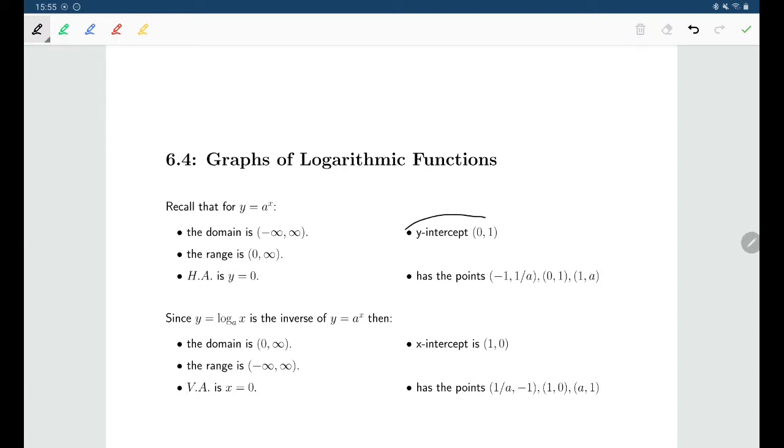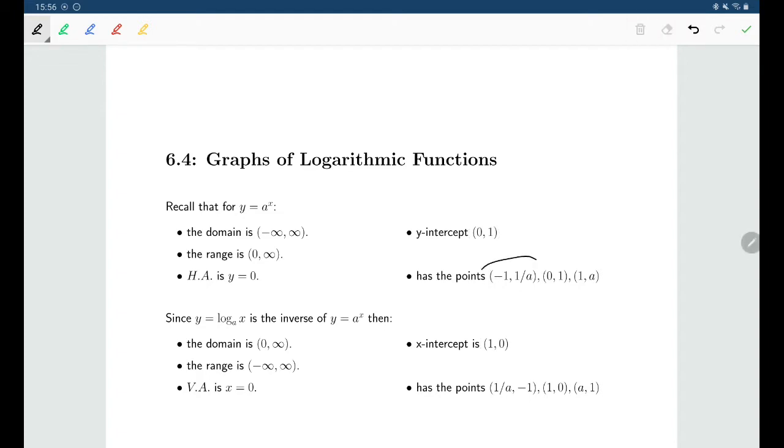Since you've got a y-intercept with no x-intercept, then you've got the reverse, an x-intercept with no y-intercept. Also, since the y-intercept is the point 0, 1, that tells you that you have the point 1, 0. Remember, we're switching x's and y's, all x and y properties, all x and y coordinates.